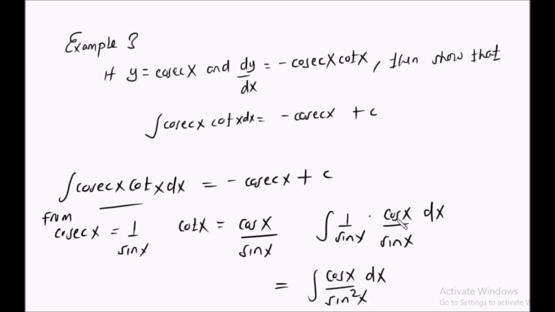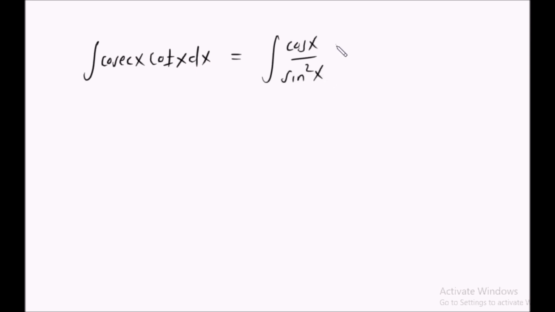So let me start a fresh page. So this one, this baby, let me call it my baby. Cot x dx. Sasa tuna mtu aseme cos x over sin squared x dx. So nikifika hapa sasa I'm going to use u substitution.